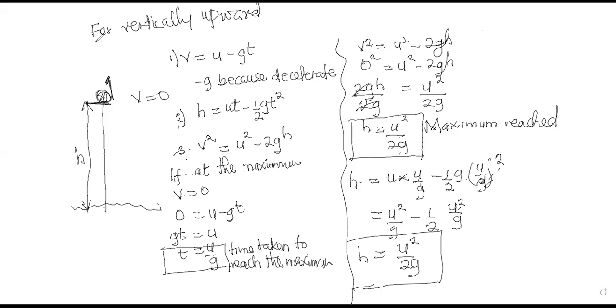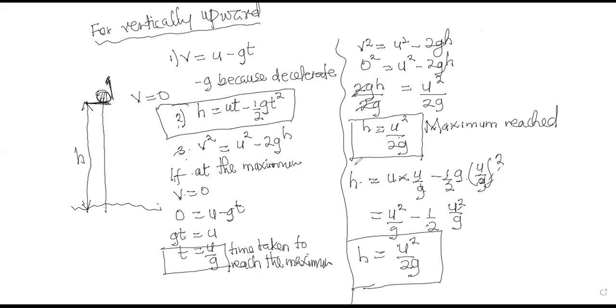Giovanni, I'm listening. Sir, I was asking if the second equation can be used for the maximum height reached. Oh, that is the same thing I used here. I use this equation too.